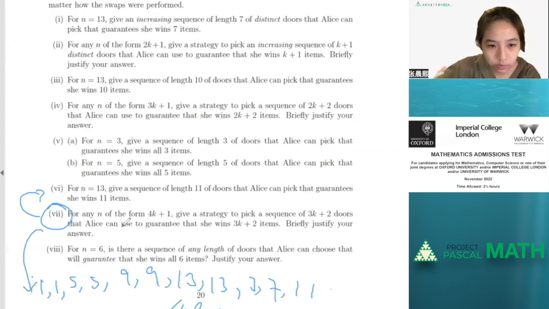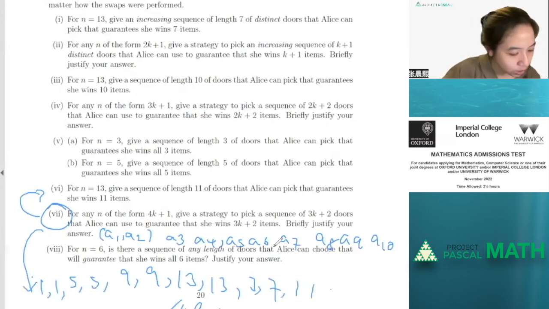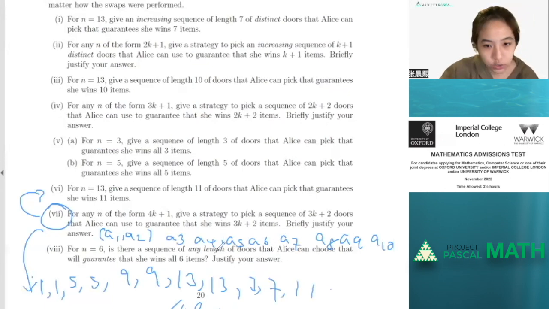And same idea as before, you group it into A1, A2, A3, A4, A5, A6, A7, A8, A9, A10. So you interchange between groups of 1 and groups of 3, and you realize that you can get at least 2 items from each of these groups of 3.